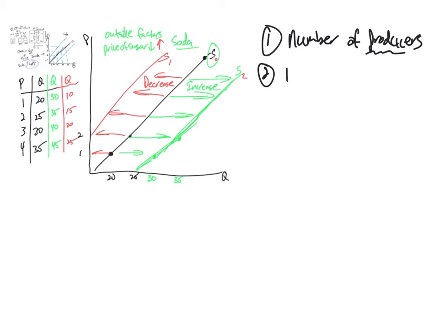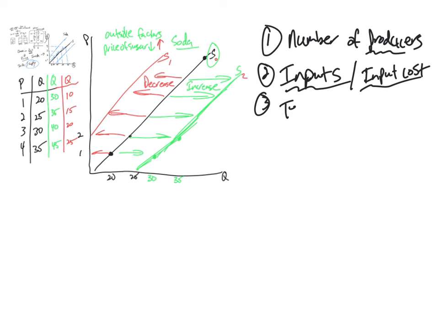The second one, the one that we used for our example, is input costs, or input resources. These are things like sugar for soda, or steel for cars. If the input price changes, some resource used in the production of the good, it's going to shift the supply of the good.